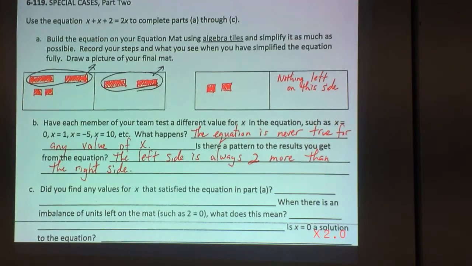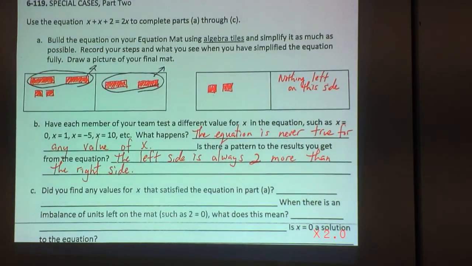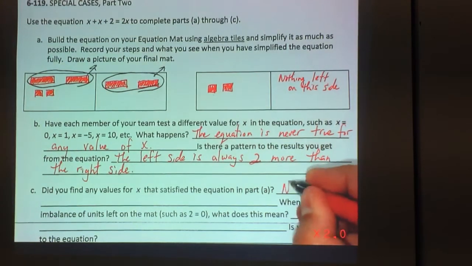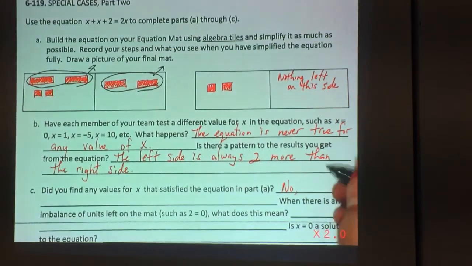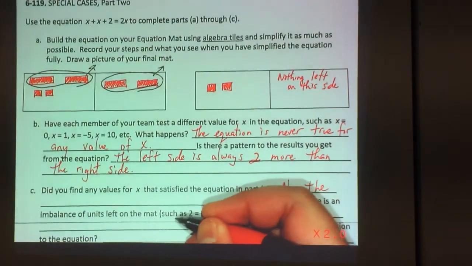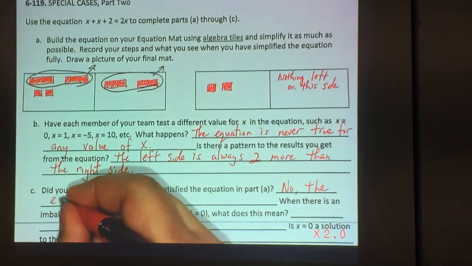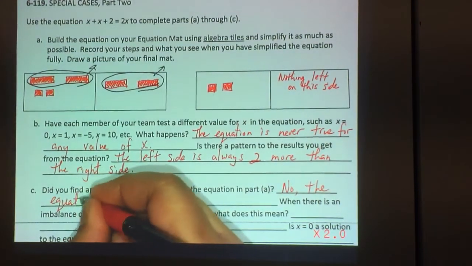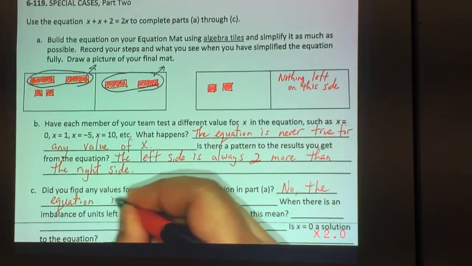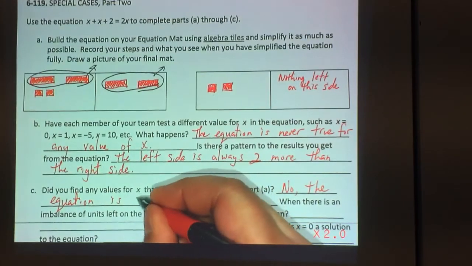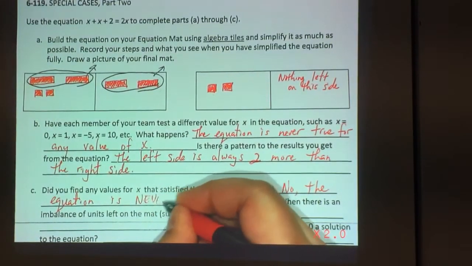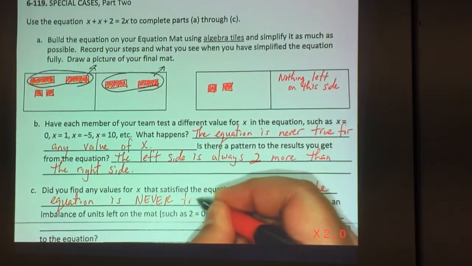Did you find any values for x that satisfied the equation? No. The equation is never, I'm going to capitalize never, true.